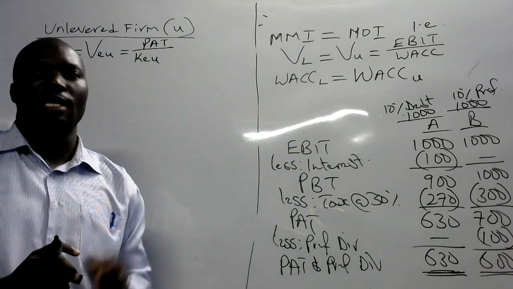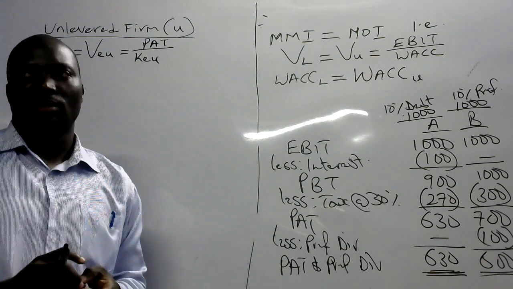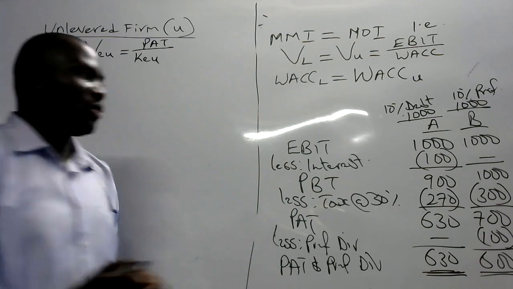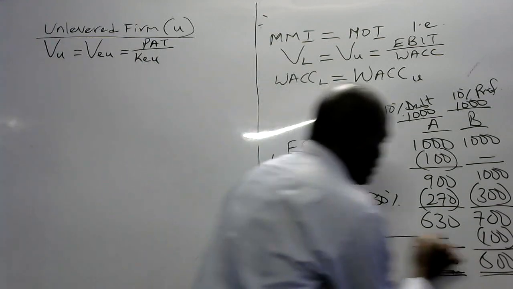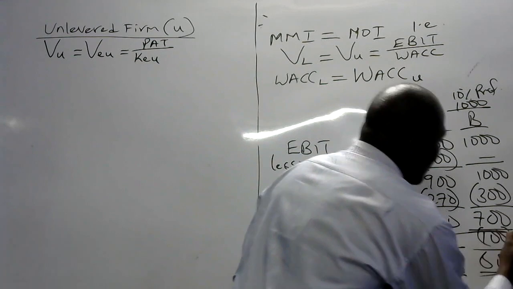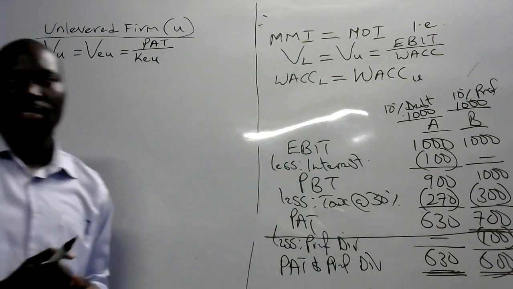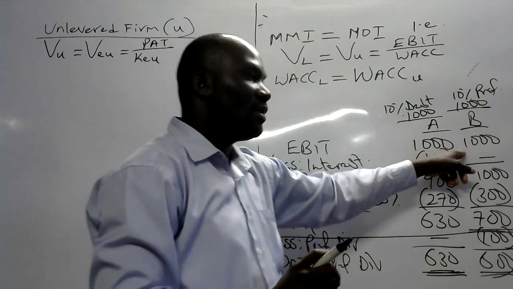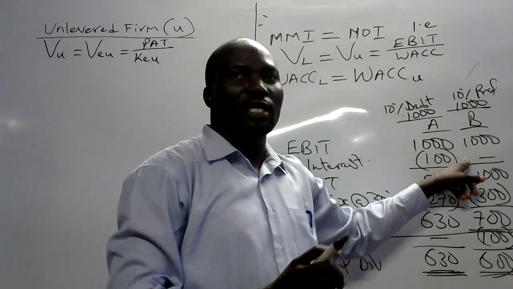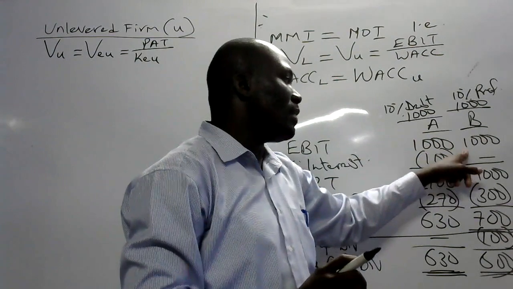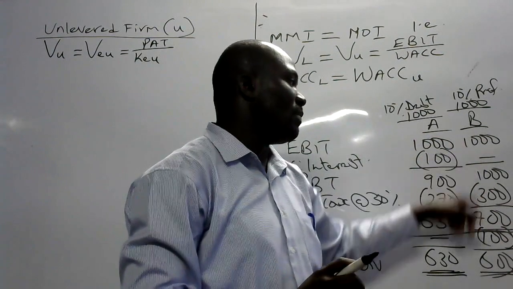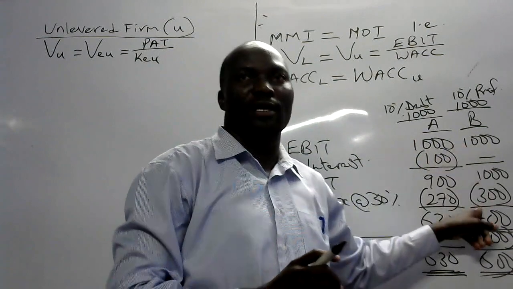The unlevered firm has no debt, and remember, preference shares do not exist, so we're not looking at those here. We are looking at how we arrive at 700. Starting from EBIT, interest does not exist, so I simply take my EBIT, then adjust for tax. 1 minus 0.3 is 70% of 1,000, which is 700.